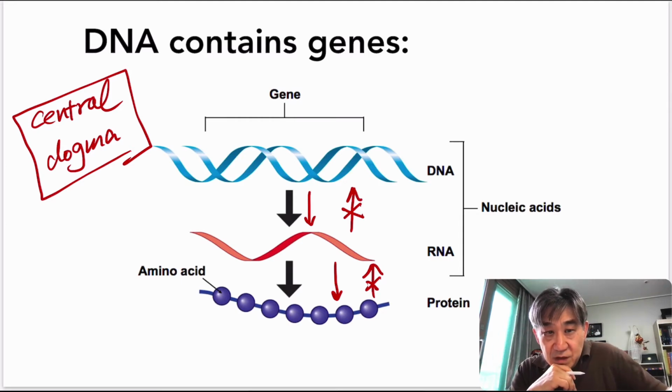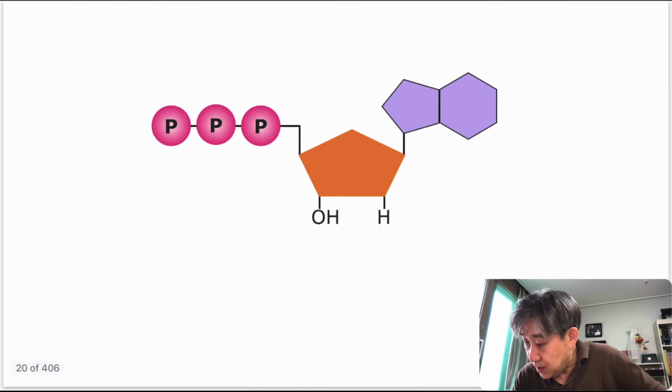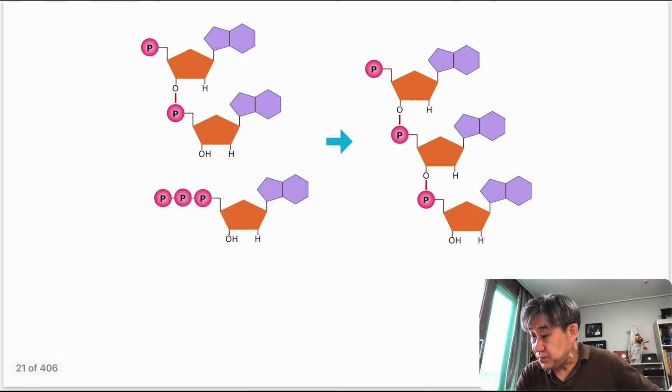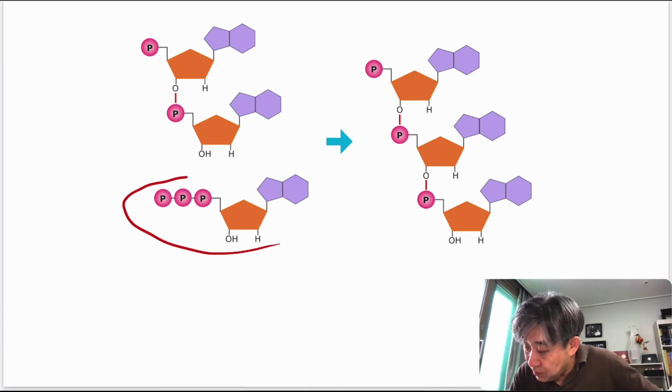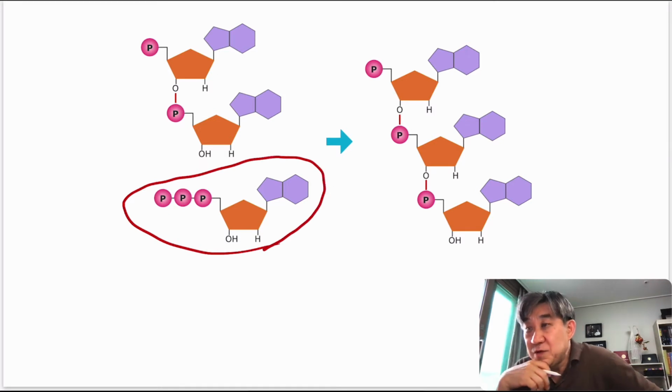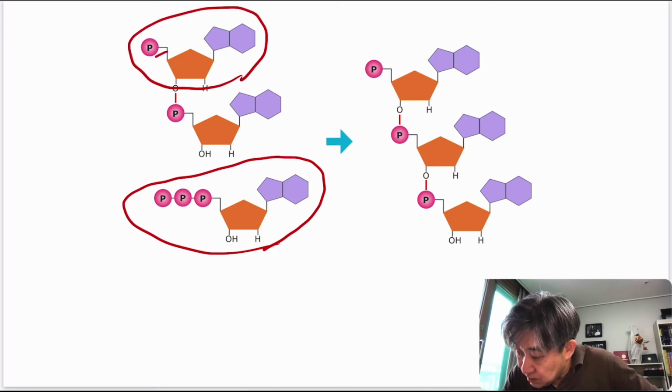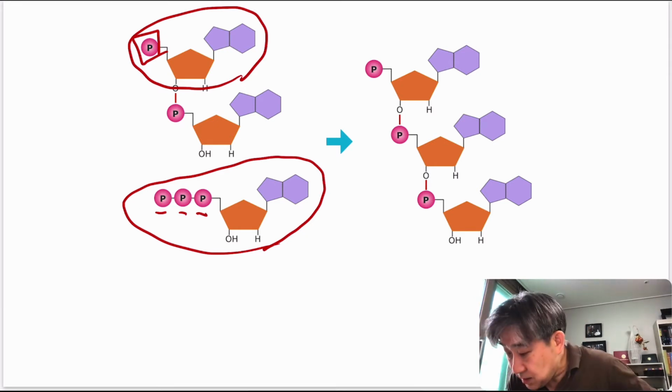So anyway, DNA, we all know, is a long chain polymer made of four different kinds of nucleotides, which we have already dealt with in previous chapters. When we build this polymer chain, the form of nucleotide we use is not the one containing a single phosphate, but one with three phosphates.